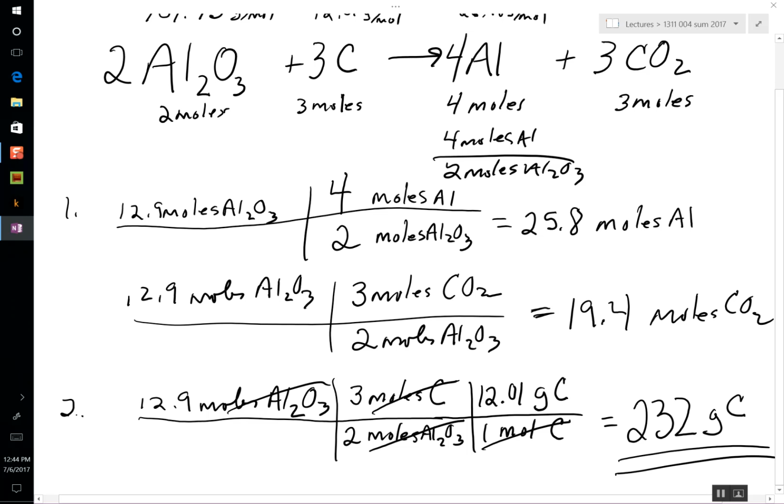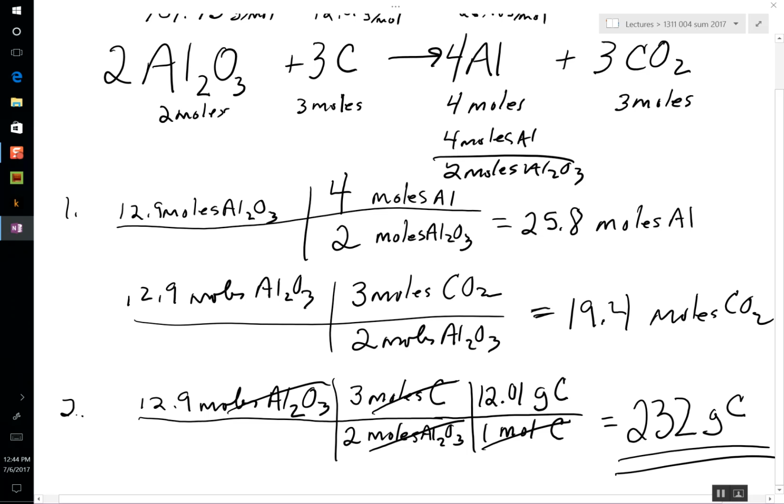Okay, now the third type here is let's go from grams of one substance to grams of another substance, and this is where you start seeing the use of this word, stoichiometry.